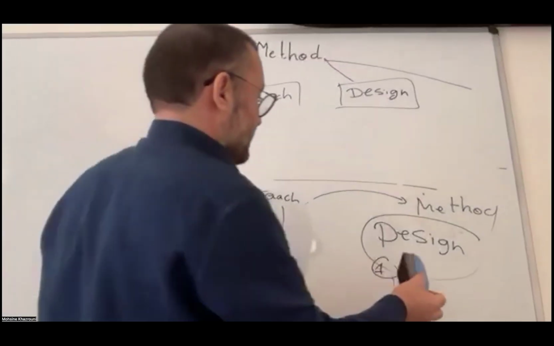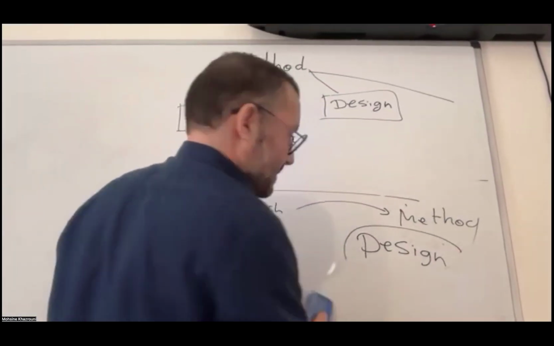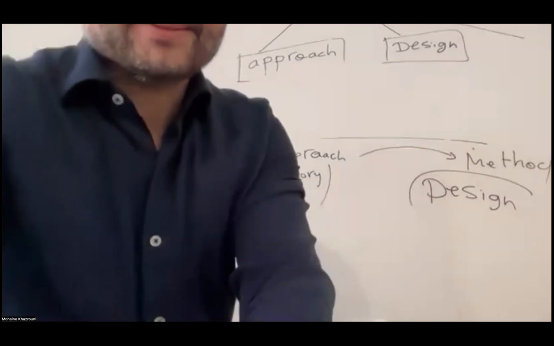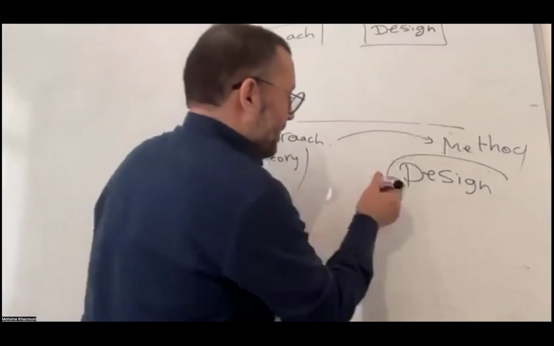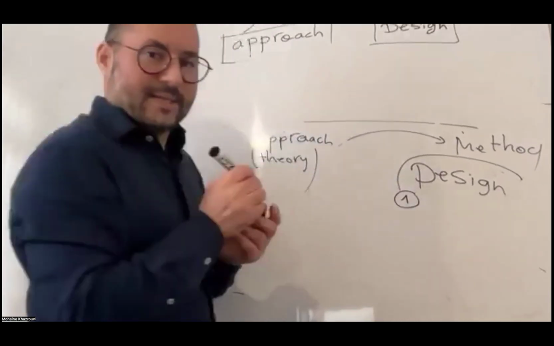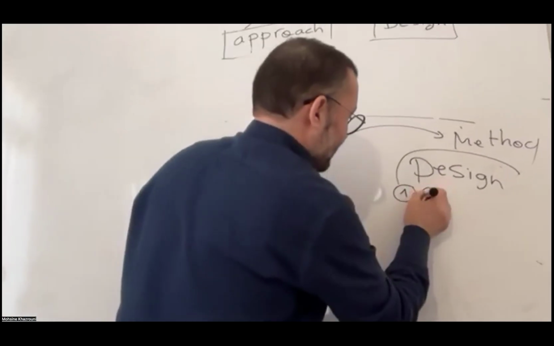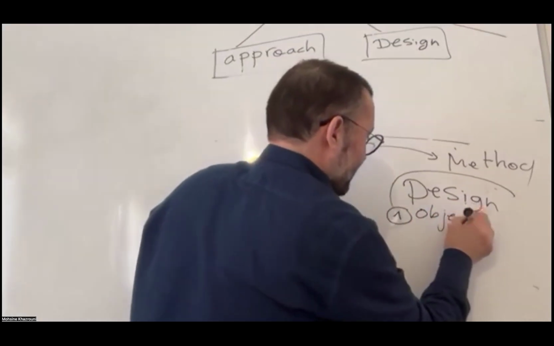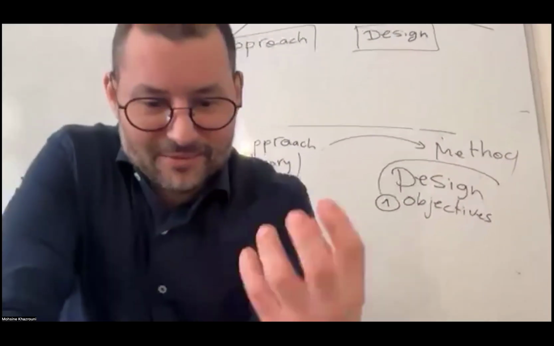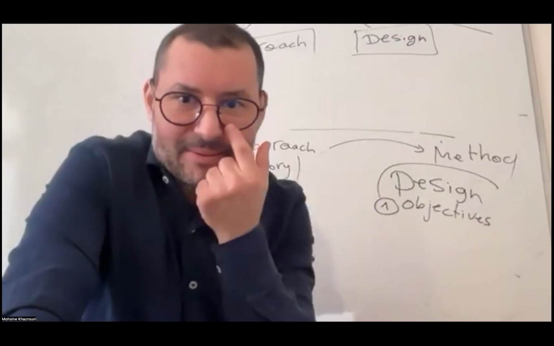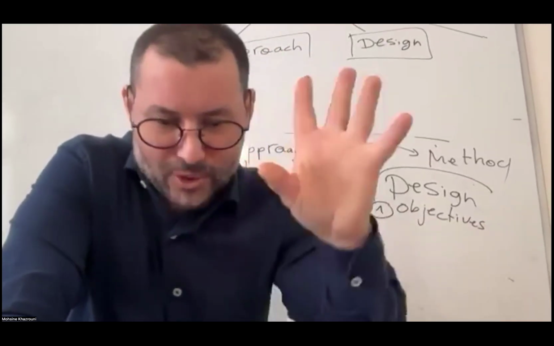Design is the level of method analysis in which we consider what the objectives of a method are. Now give me the first component. Objectives. Very good. What's the objective of this lesson? We'll talk in detail about that.